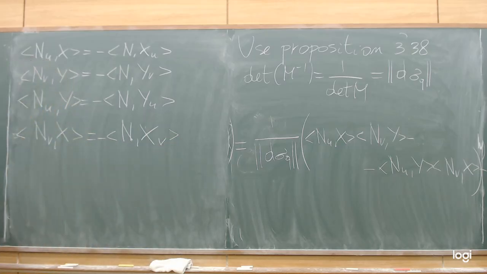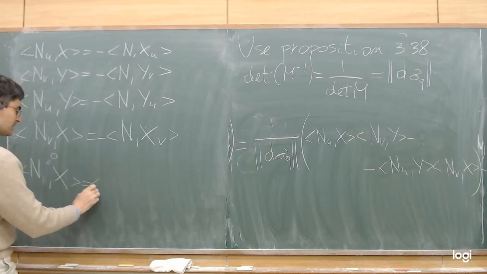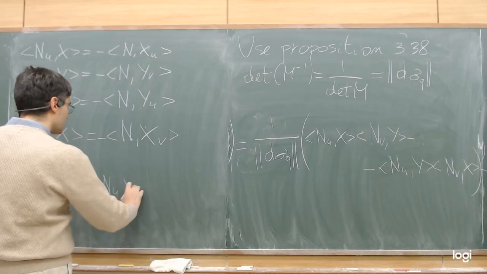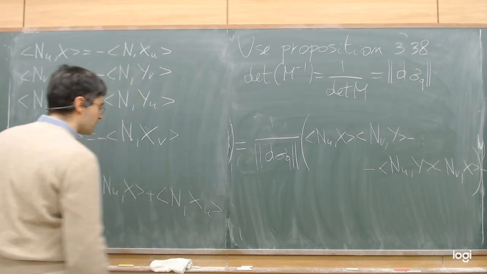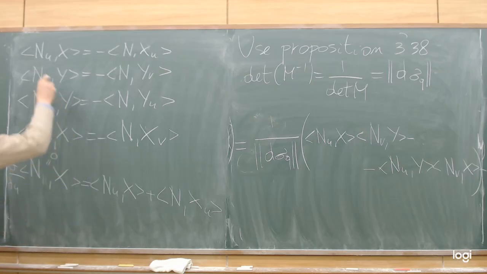It's easy to prove these formulas. For example, how to prove this one? You start from N x equals 0. Then also this is 0, but this is N_u x plus N x_u. So from this identity, this one follows immediately. The proofs of the remaining three are the same.